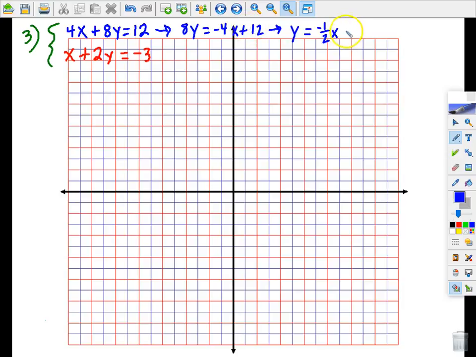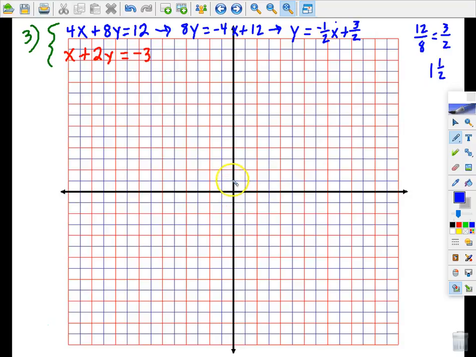And then we got 12 divided by 8, which is 3/2 reduced. Just in case you don't see that, 12 over 8. Both of these numbers can be divided by 4. 12 divided by 4 is 3. 8 divided by 4 is 2. Okay, so 3 over 2 is another way of saying 1 and 1/2.